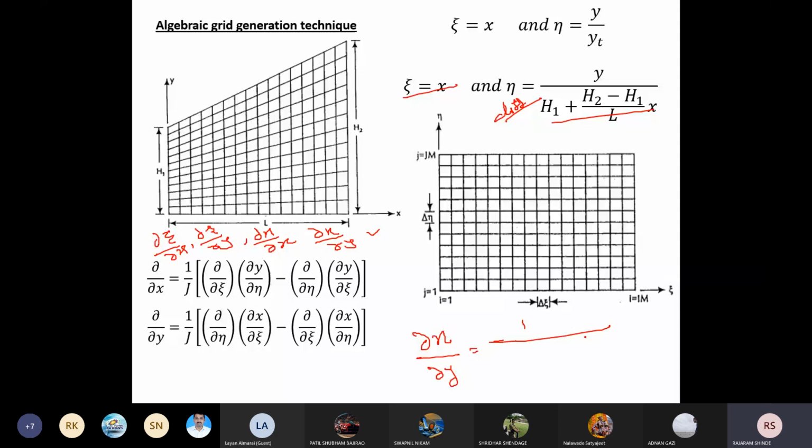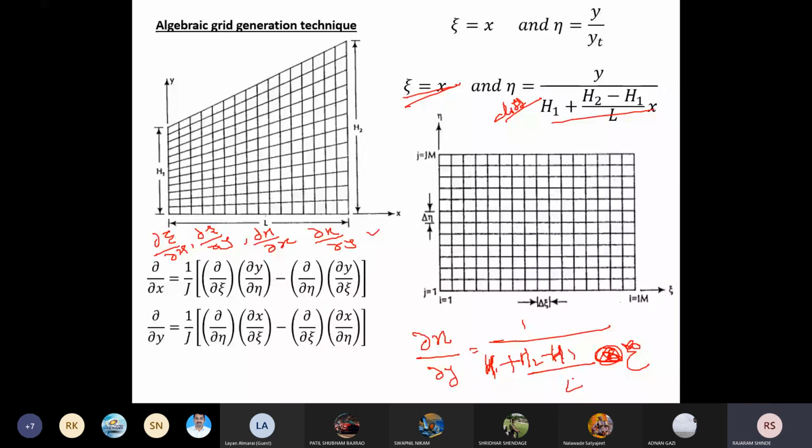Now x I am going to replace by ξ, so you will get h1 plus (h2 minus h1)/L times ξ. This is the derivative with respect to η.